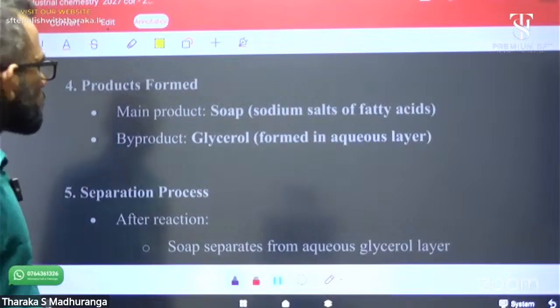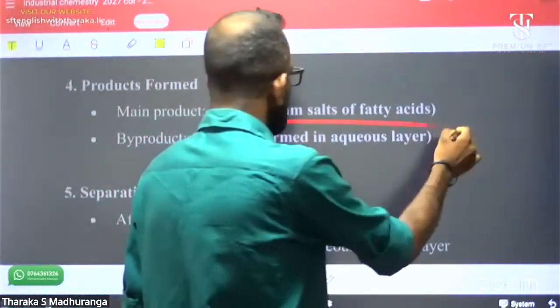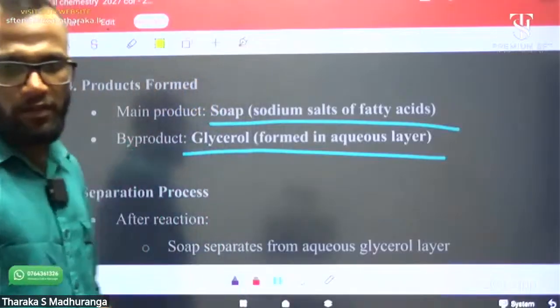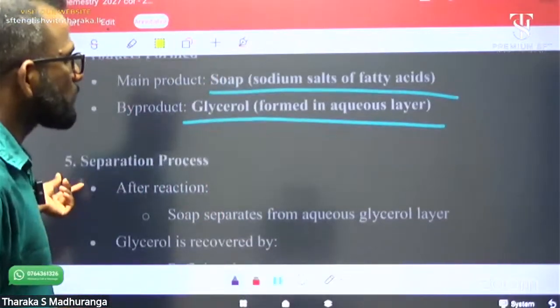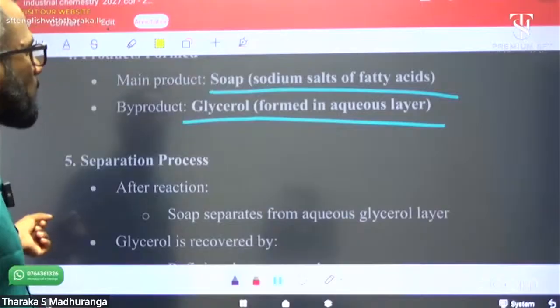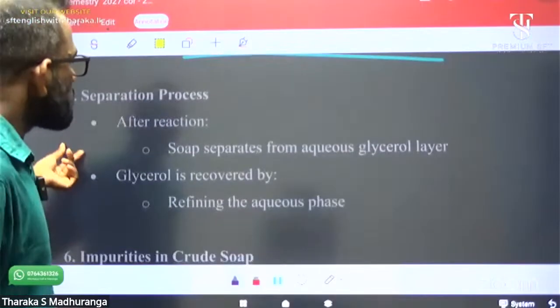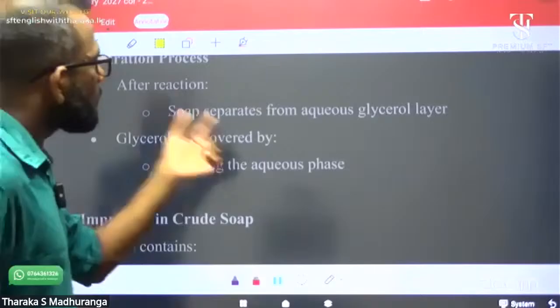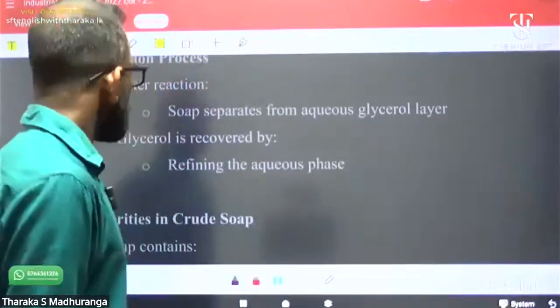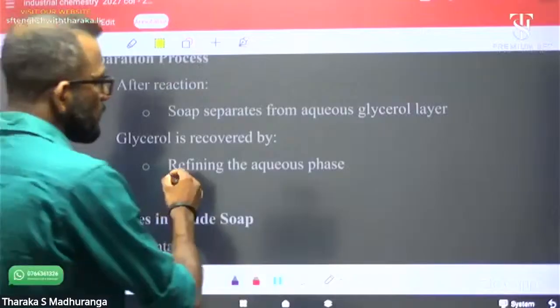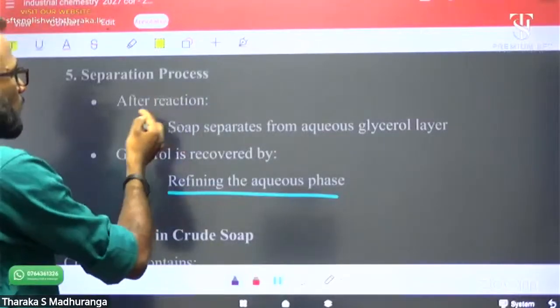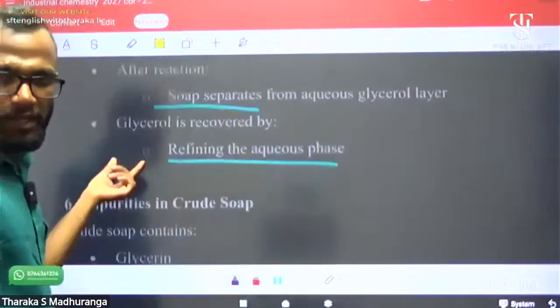In the product formation, the main product is soap, and as a byproduct it produces glycerol. In the separation process, after the reaction, soap is recovered from the aqueous glycerol and the glycerol is separated.